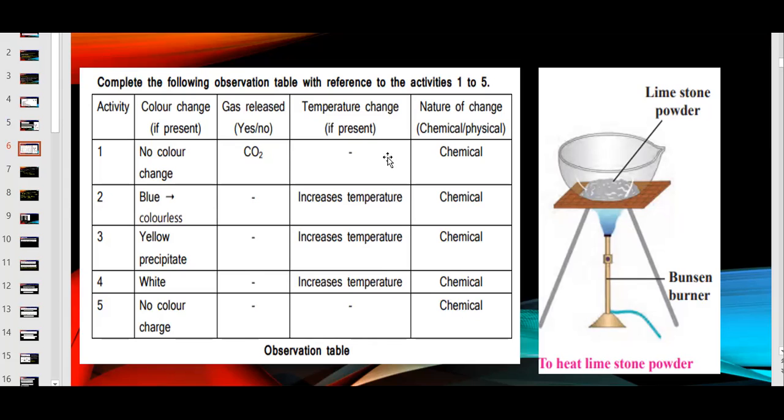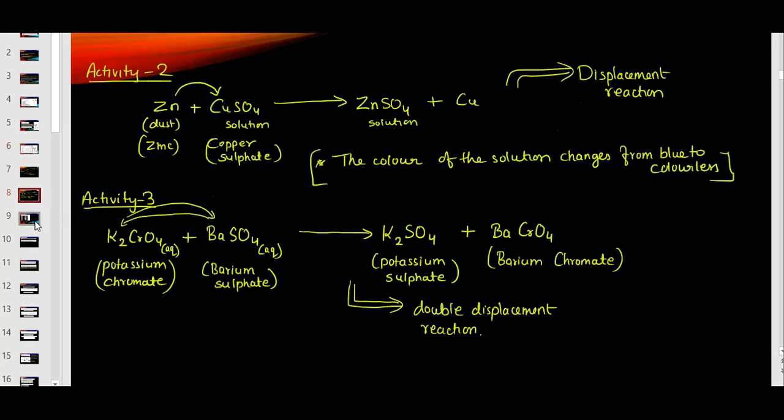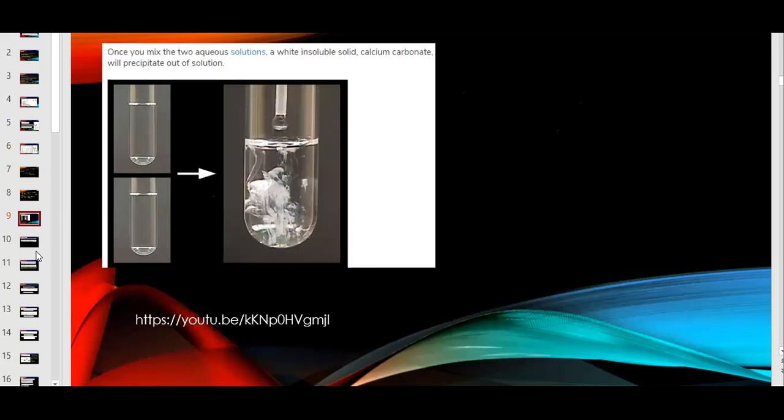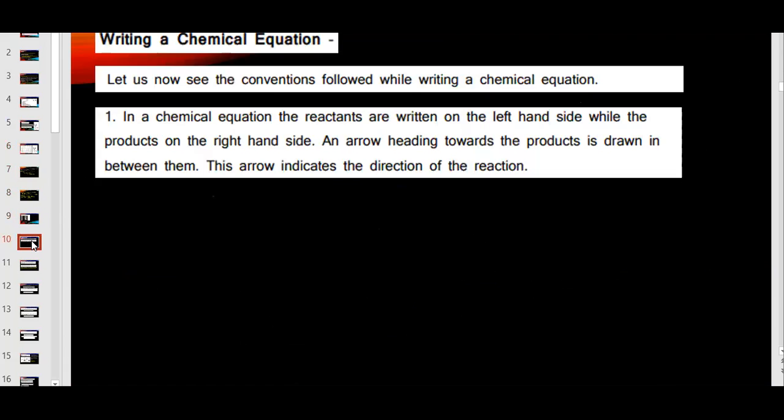Okay, so these are the 5 experiments we discussed, and go through these reactions. And tomorrow in our next class we will discuss how to write a chemical equation. तो वहाँ पे कुछ steps हैं जब हम chemical equation लिखते हैं.